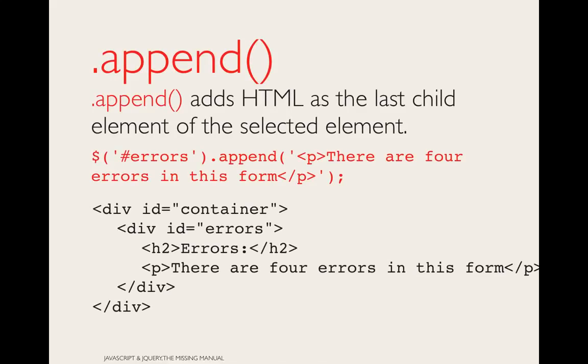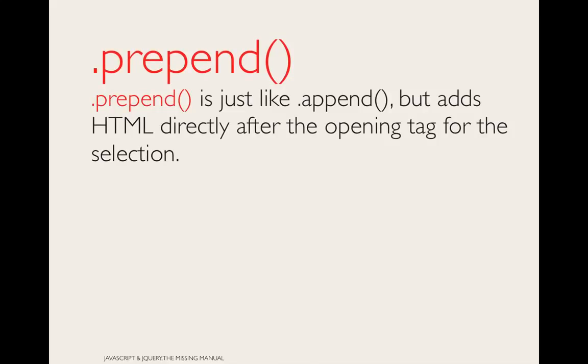There we go. So using a parameter where we're appending something onto that div with an ID of errors adds some HTML as the last child element of that selection.